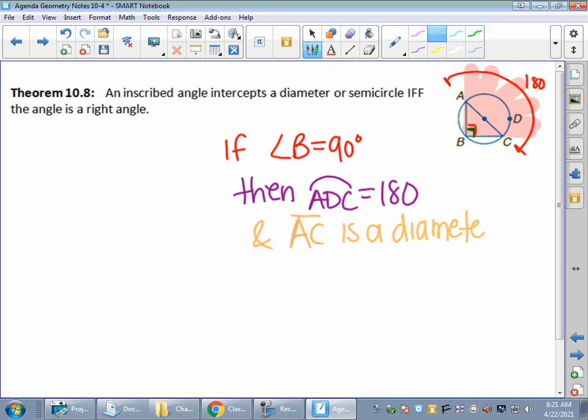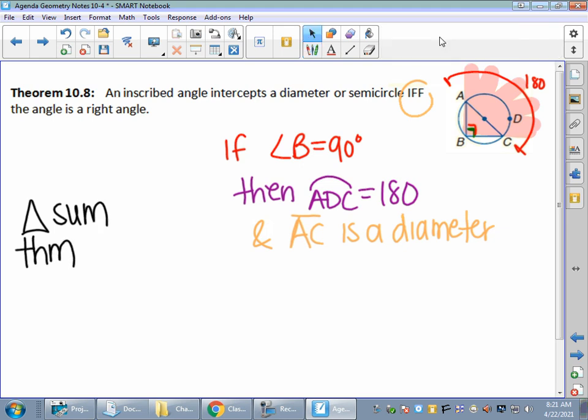And because it's got that IFF, if and only if, it goes the other way as well. If AC is a diameter, then angle B ends up having to be a right angle. So use that to your advantage. I feel a little triangle sum theorem popping back up here. Remember, what do the three angles of a triangle add up to? 180 degrees. That's going to be helpful. Keep that in the side.